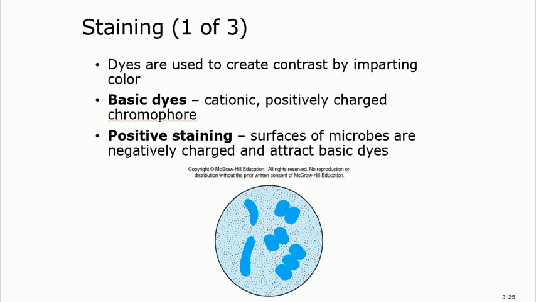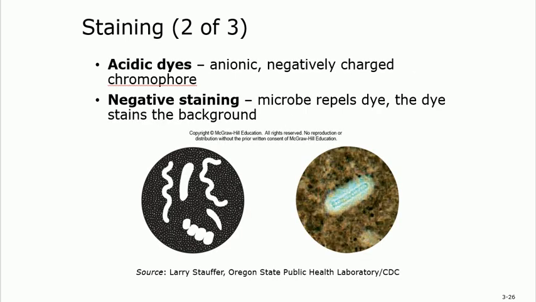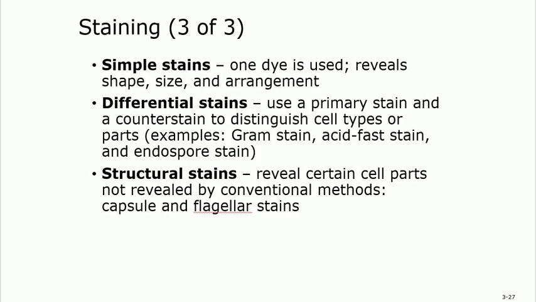So if you know that this microbe is negatively charged, it will attract the basic dye, which is a cation, positively charged. The other one is the acidic dye. In this case, the microbes are negatively charged and will repel the dye, so it's not going to take it. So one of them will take it and one of them does not take it.